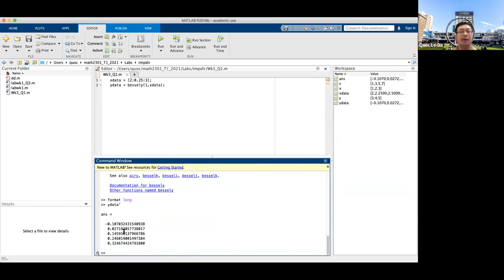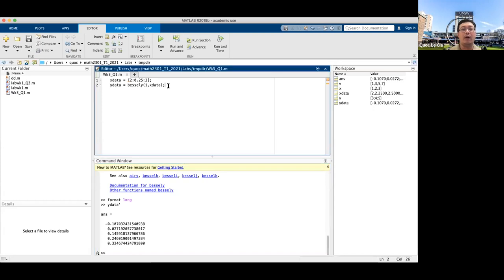But this function is very important, because suppose you try to model, say, radio waves from a cell phone tower, then you have to use this special function. Now we have the data, so let's construct a divided difference table.